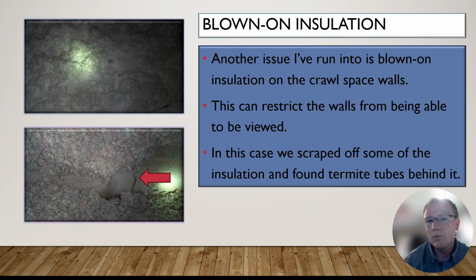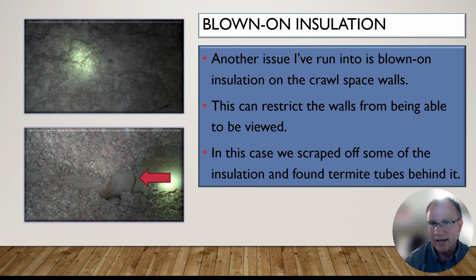In this slide, we're looking at blown-on insulation on crawl space walls. This is another issue I've run across where companies will actually blow cellulose insulation onto crawl space walls to make it stick, and then you can't do an inspection. On this particular home, we actually scraped a gap at the bottom of the walls, and we found a subterranean termite tube.